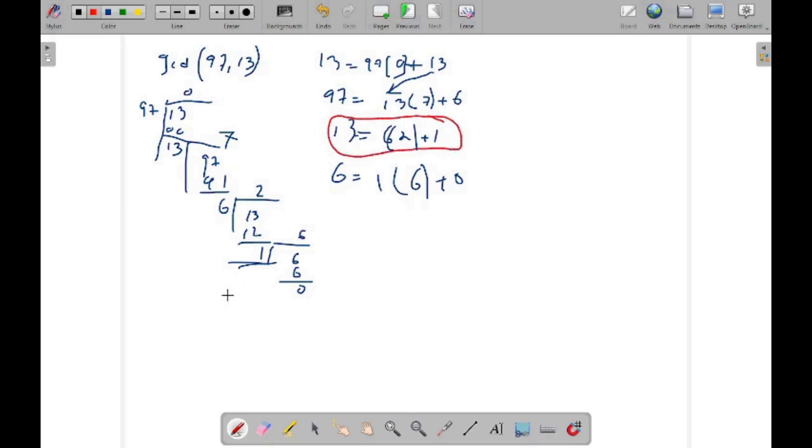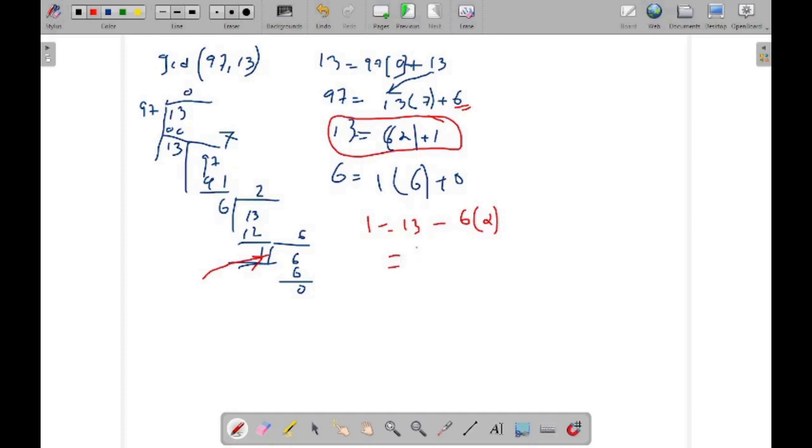Here 1 is the GCD. We can write 1 equal to 13 minus 6 into 2. And in the previous stage we can write 6 equal to 97 minus 13 into 7.